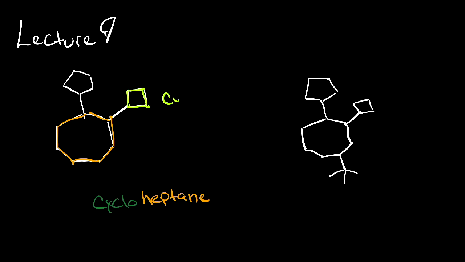That's a cyclobutane. And then over here we have a 1, 2, 3, 4, 5, and that's a cyclopentane. And if we look at the alphabet, we can see that the cyclobutyl would be the first one.